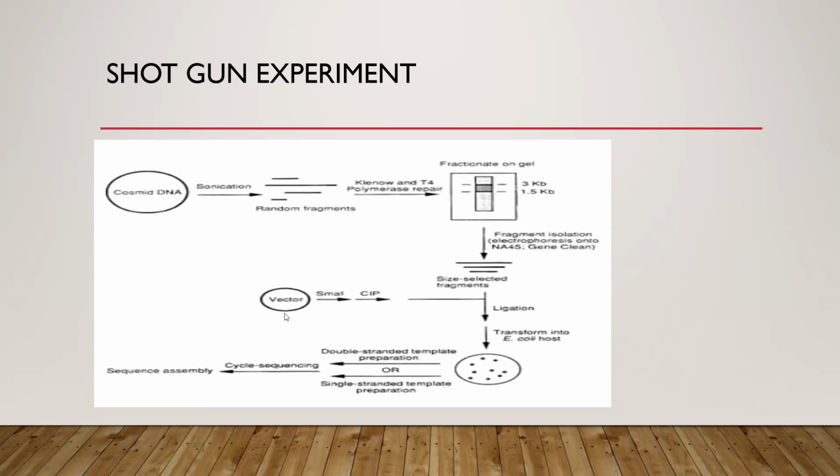Next, these SmaI DNA fragments, the 3 kilo base pair and 1.5 kilo base pair, your already selected DNA fragments, both are inserted into the one plasmid using the ligase enzyme through the ligation process. Once completed, the insert in the plasmid is called a recombinant plasmid.